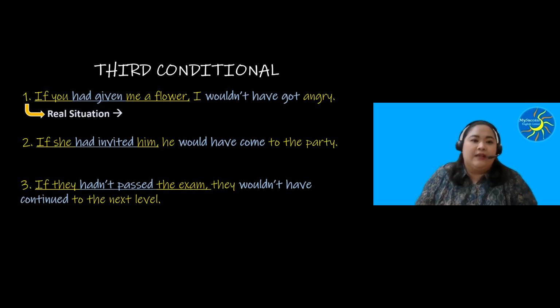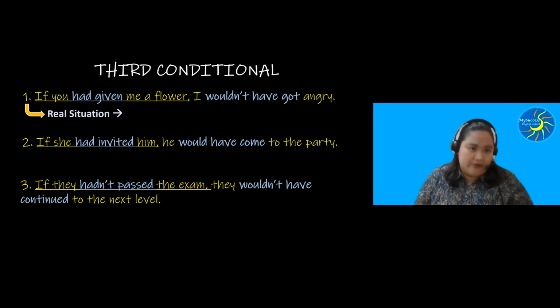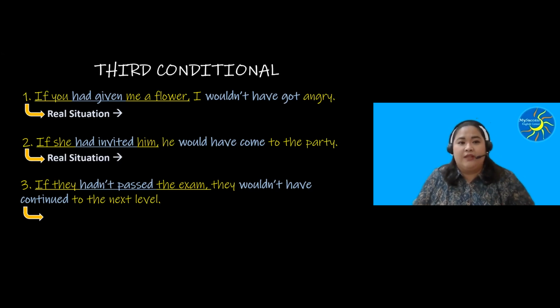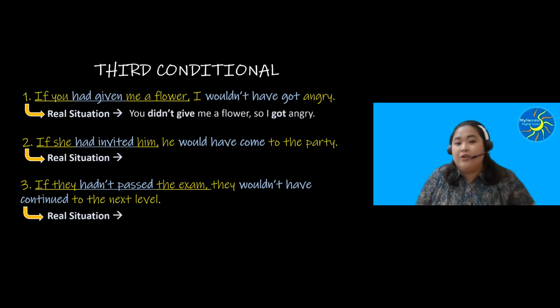Previously I already mentioned the real situation of the first example, which is you didn't give me a flower, so I got angry. What do you think the real situation of the second example is? If she had invited him, he would have come to the party.